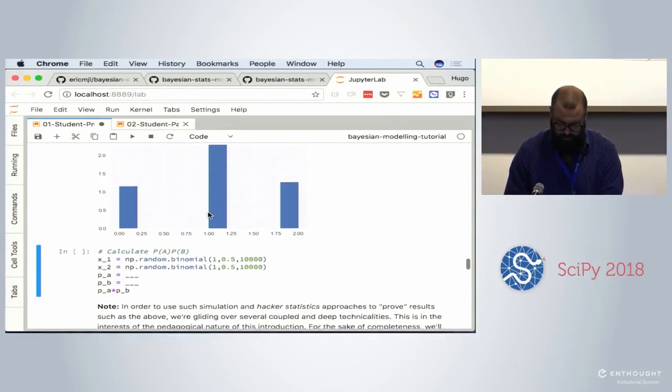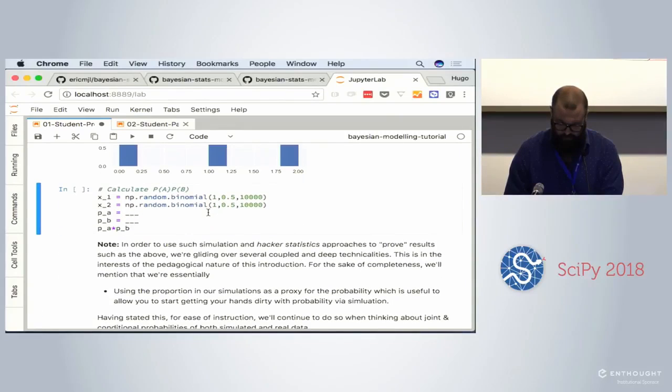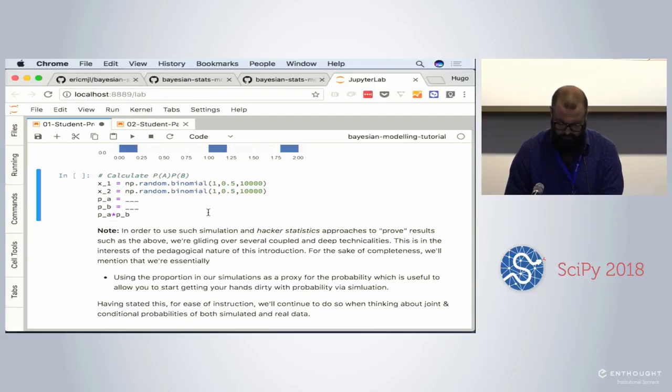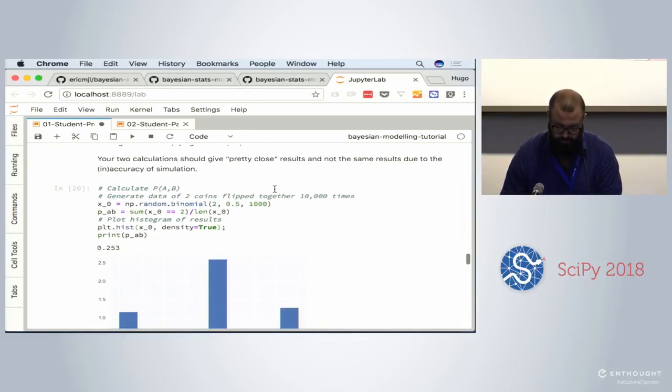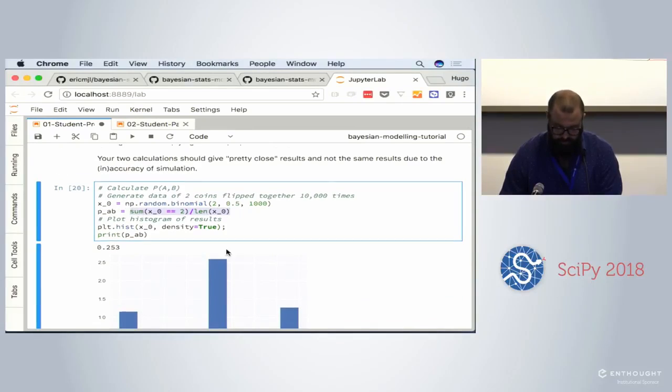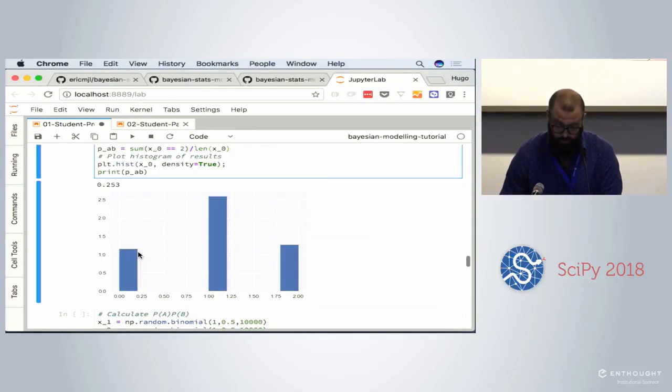Yep. Now, what we're going to do is calculate P(A) times P(B). So the probability of seeing one head, then the probability of seeing another. And I'm going to cheat slightly by just copying and pasting this. Whoa!